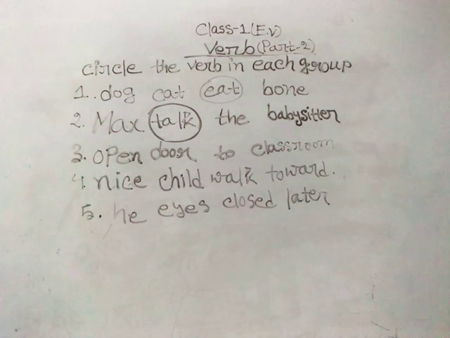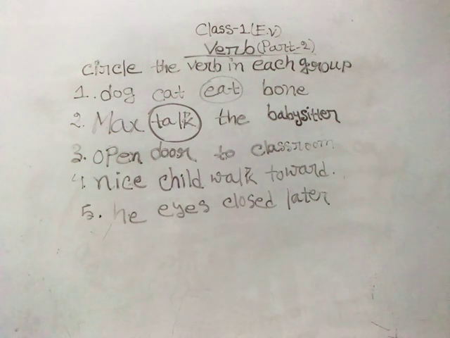Now number 3, open door to classroom. Open door to classroom. Let us start from the very last one, classroom. Do you think classroom is a verb? No, it's a name, because we all know it's a name of a kind of room where we all sit to learn. In the classroom, we all conduct our classes.